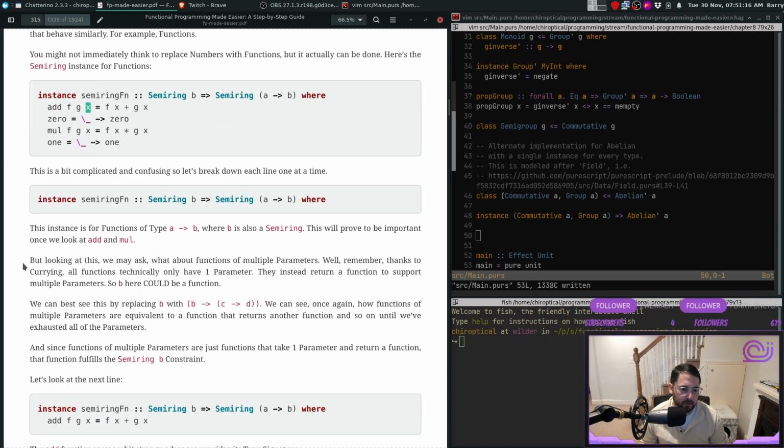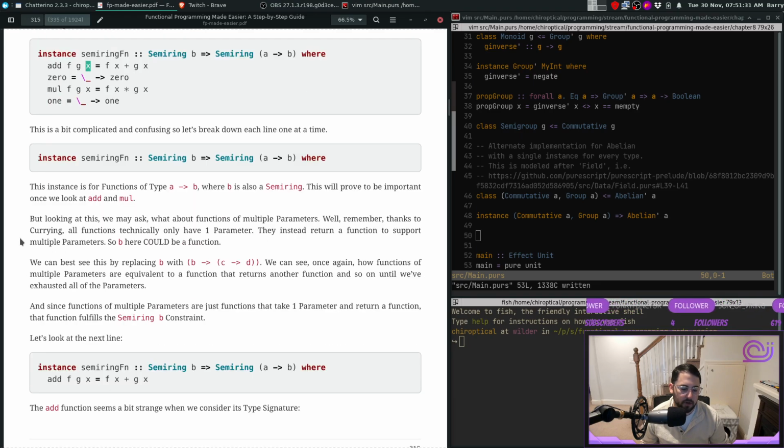Okay, so anyway, this is a bit complicated and confusing, so let's break it down. Here, instances for functions of type A to B, where B is also a semi-ring. Yep. But looking at this, we may ask, what about functions with multiple parameters? Well, remember, thanks to currying, all functions technically only have one parameter.